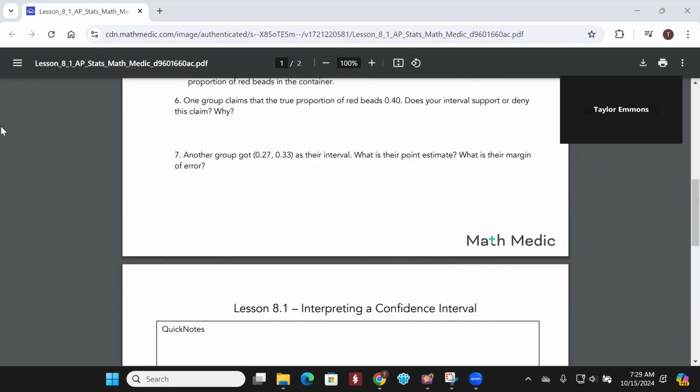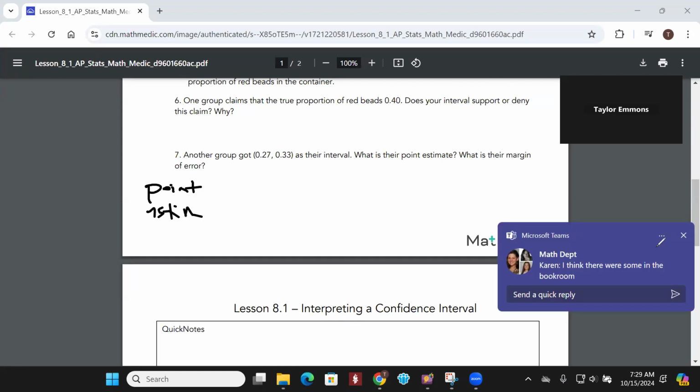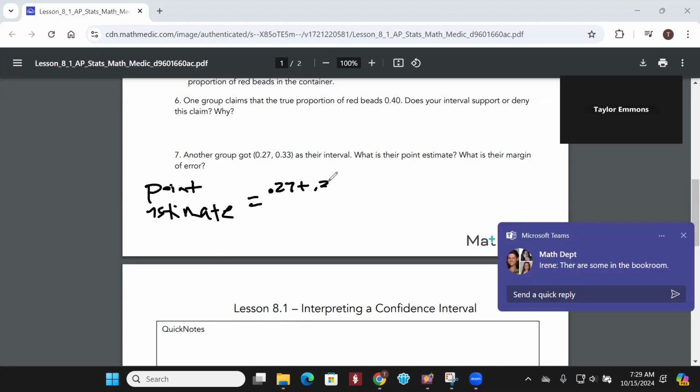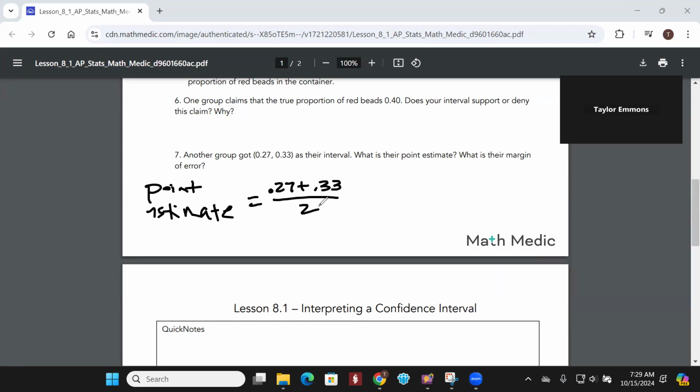So it's halfway between 0.27 and 0.33: 0.27 plus 0.33, divided by 2. The reason we're dividing by 2 is we're finding halfway between those two points. That gives us 0.30.